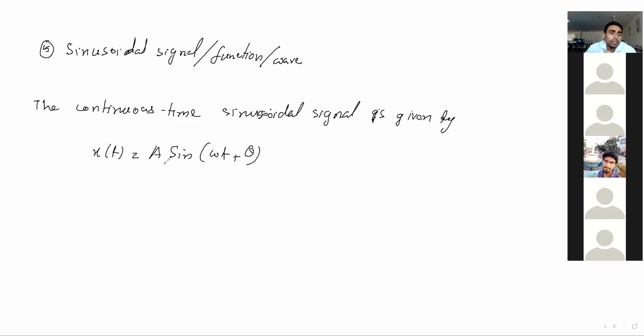x(t) equal to A into sine omega t plus theta. Here A is nothing but the amplitude, omega is the angular frequency, and theta is nothing but the phase. Of these parameters, theta is very important for you, because phase is important when you are going to learn about motors.